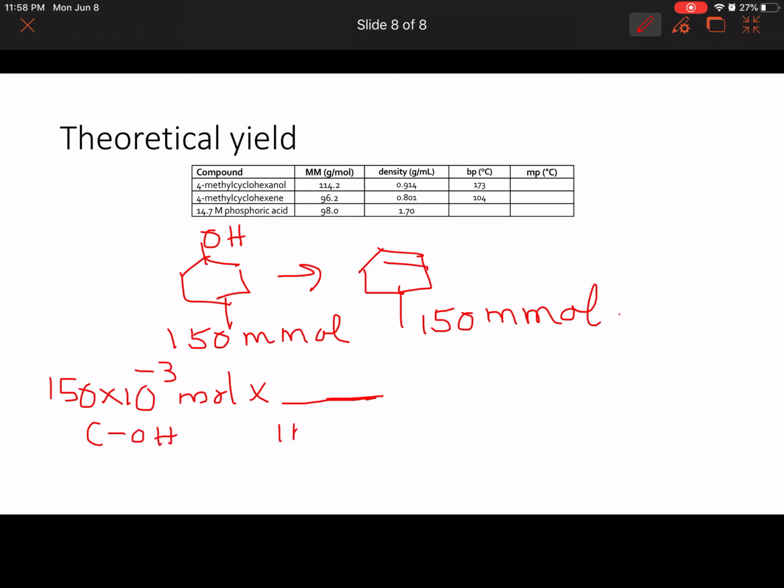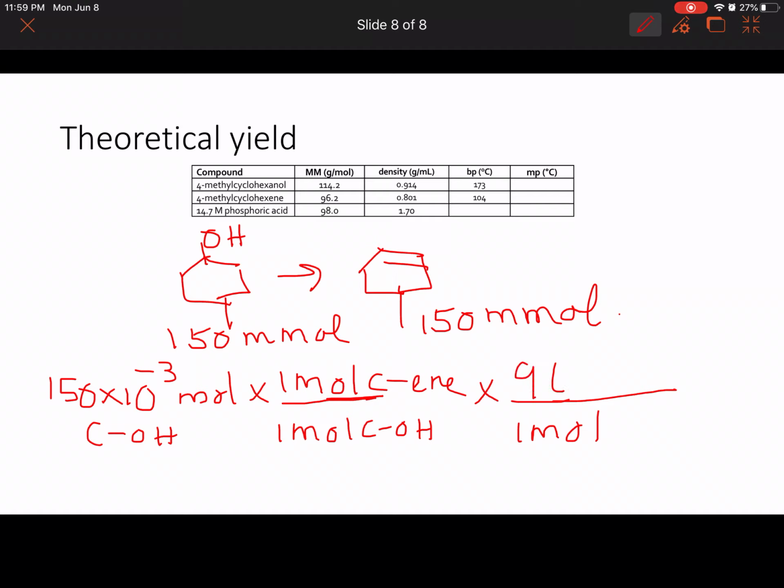And then the molar ratio is 1 mole cyclohexanol gives you 1 mole cyclohexene, and then you use the molar mass. 1 mole of cyclohexene has a mass of 96.2 grams.